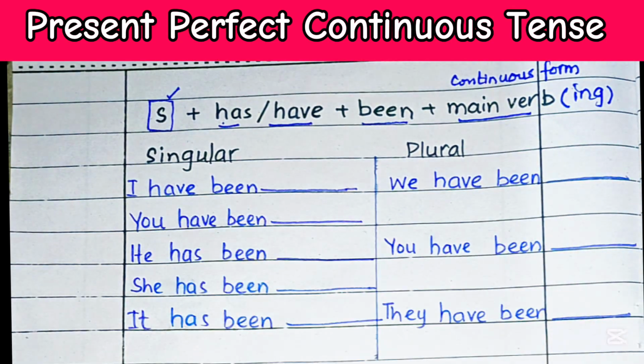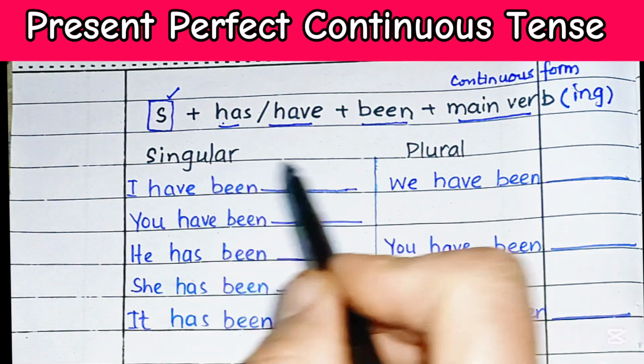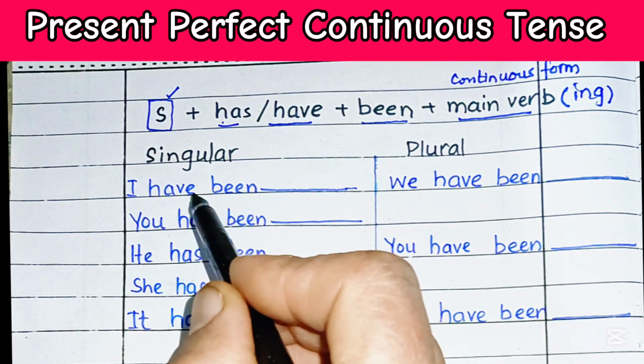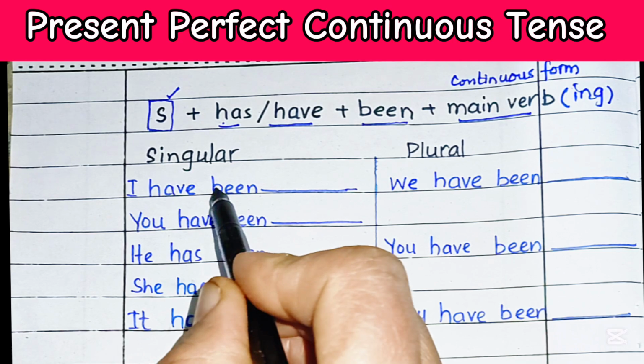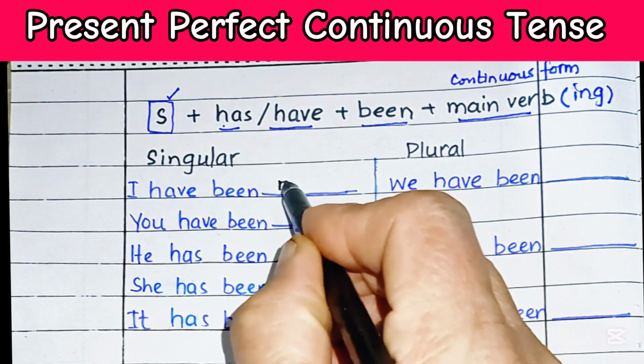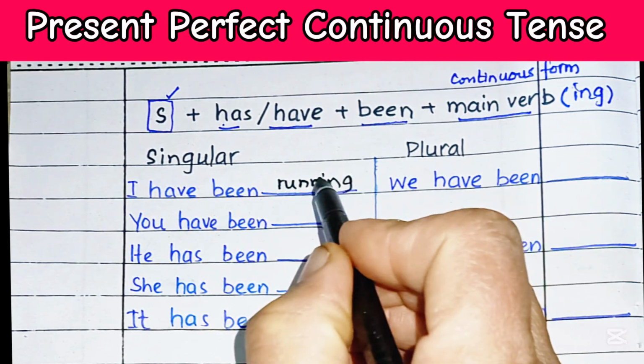Now look at this table. This table has got two columns. The first one is singular. The second one is plural. I have been, the main verb goes here. If I say running, I have been running.